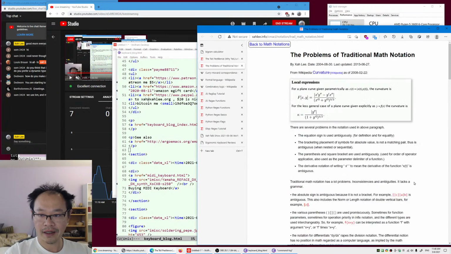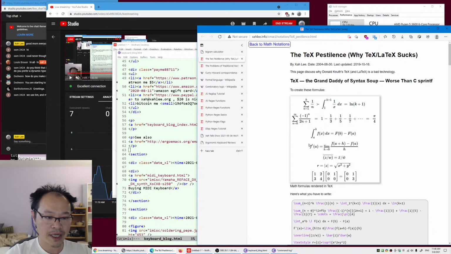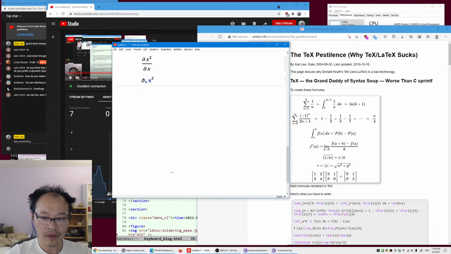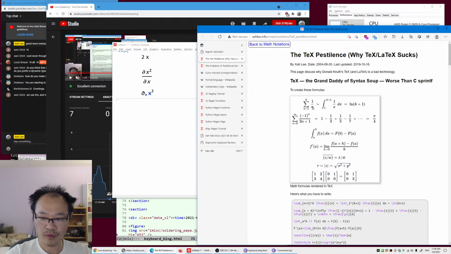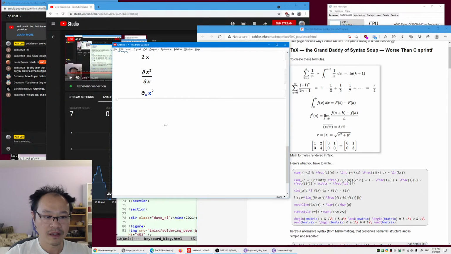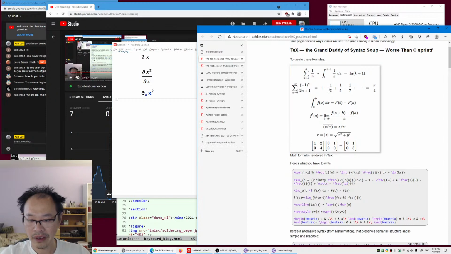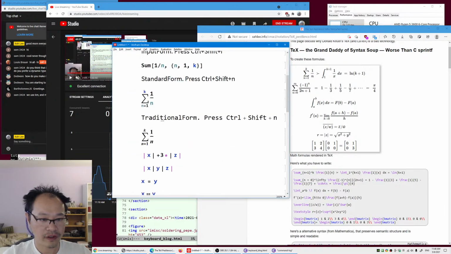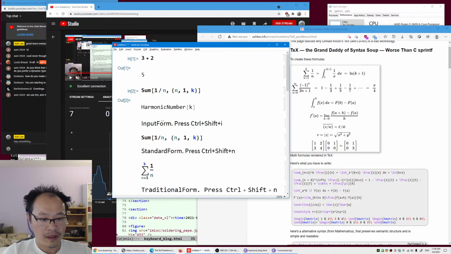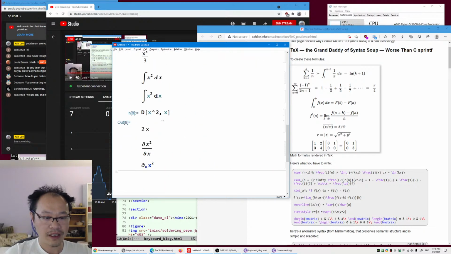So now let's go back to how you type this in Mathematica. We have shown the sum. So the integral, I think we need to do it fast because I already talked for 40 minutes. So we showed the sum, so let's do an integral.